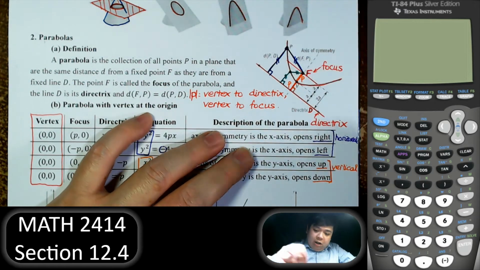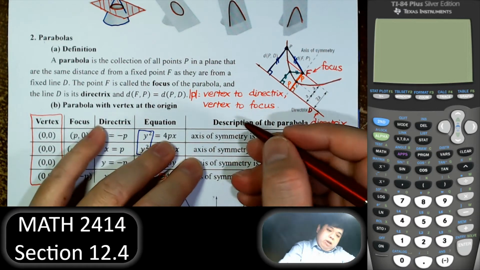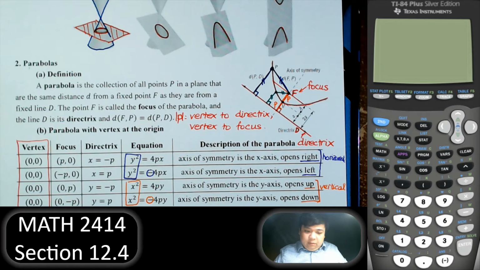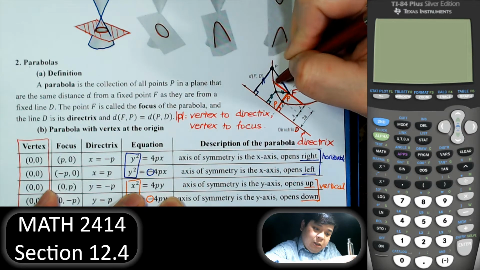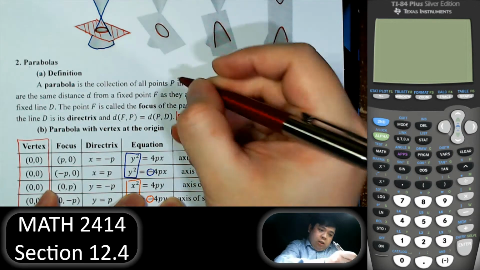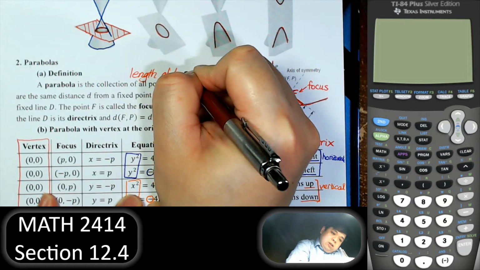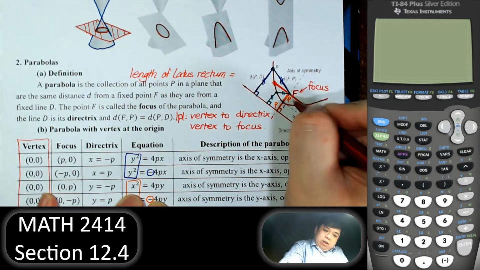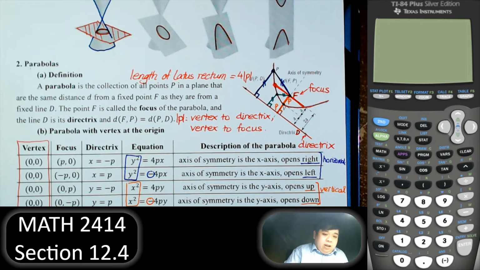And the length of the latus rectum that goes through the focus parallel to the directrix is going to be 4 absolute value of p. So it will be this much.